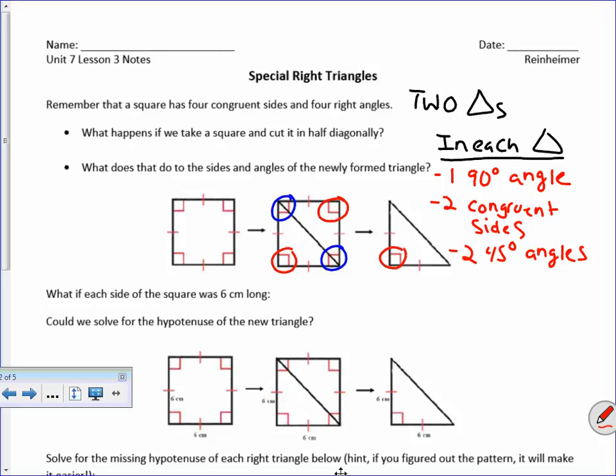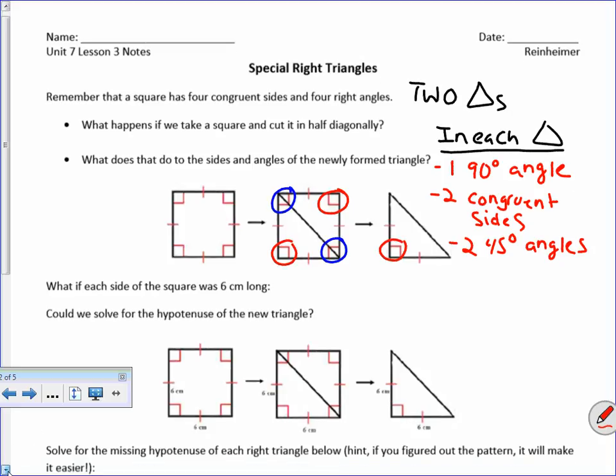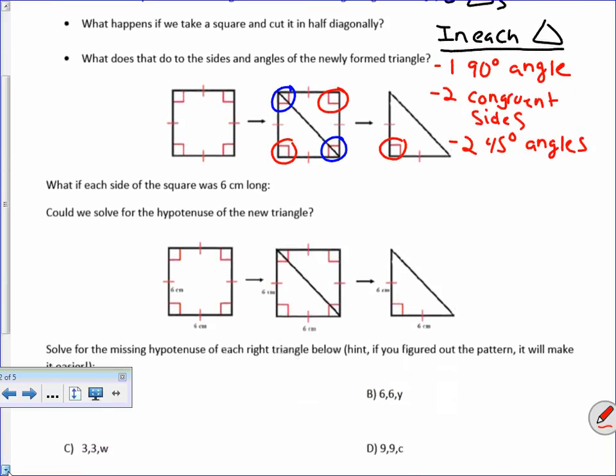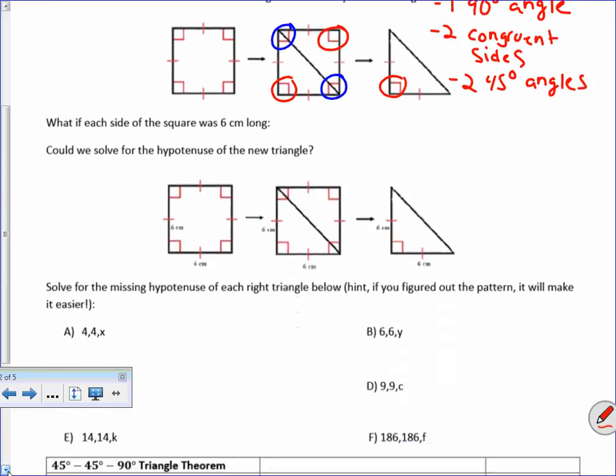Now we have an example question. If we had a square, and each side was 6 centimeters, because that's what a square is, all the sides are the same, and we cut it in half diagonally, it's asking us to solve for the hypotenuse. Obviously, we know how to do that.